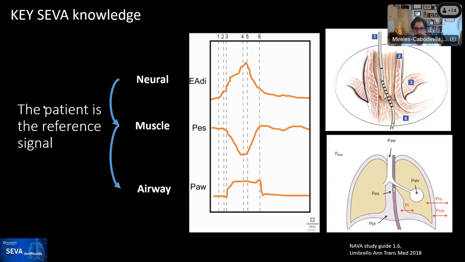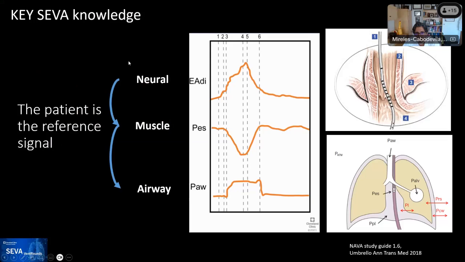And in no way, shape, or form are we endorsing this as the way that you need to use for monitoring synchrony, but it's a good example and a thought process of how the signal for breathing is generated and how this becomes the reference.